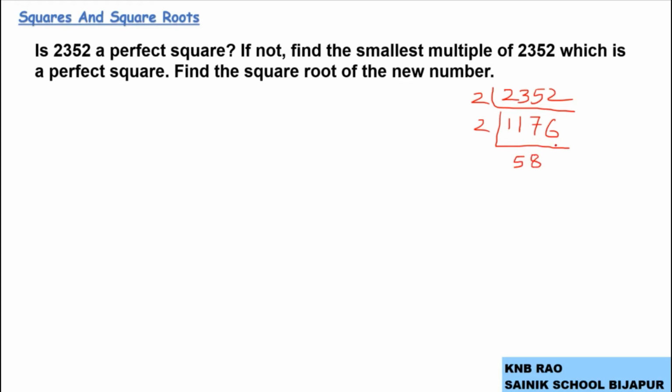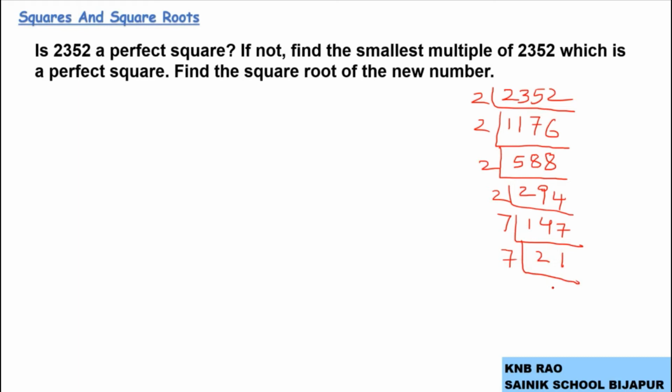Now 2 2s are 4, 2 9s are 18, 2 4s are 8, 2 1s are 2, 4s are 7s are. Next 7 2s are 14, 7 1s are 7, 3s are.